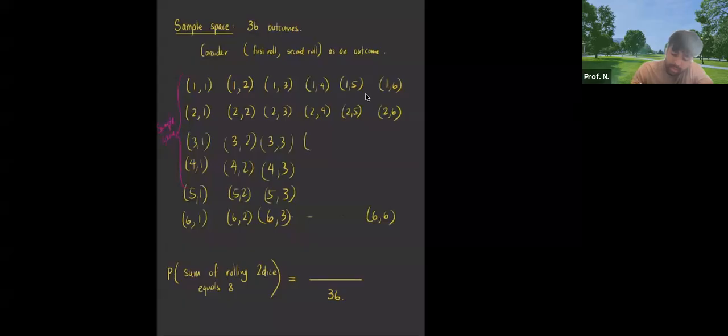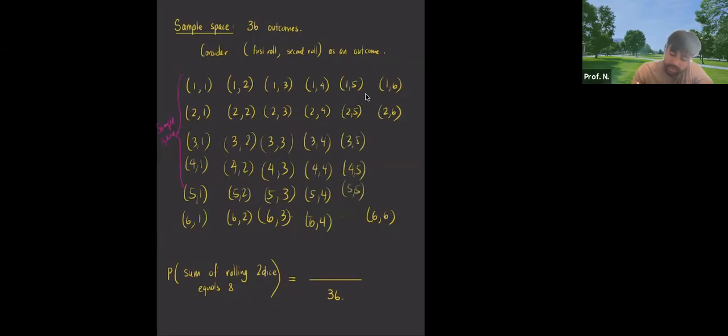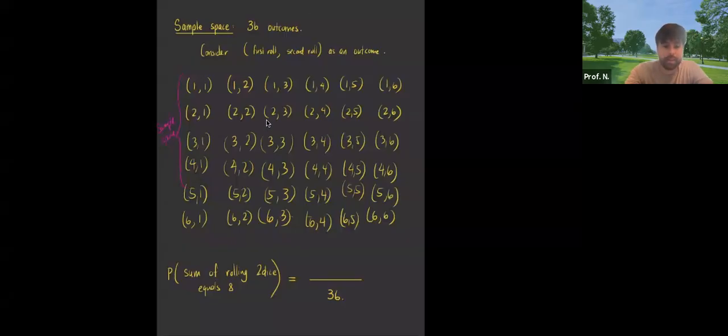This is 3, 4, 4, 4, 5, 4, 6, 4. This is 3, 5, 4, 5, 5, 5, 6, 5. And then we have the last column, which is 3, 6, 4, 6, and 5, 6. So we have enumerated all of them, right? So there's a lot of them, right?